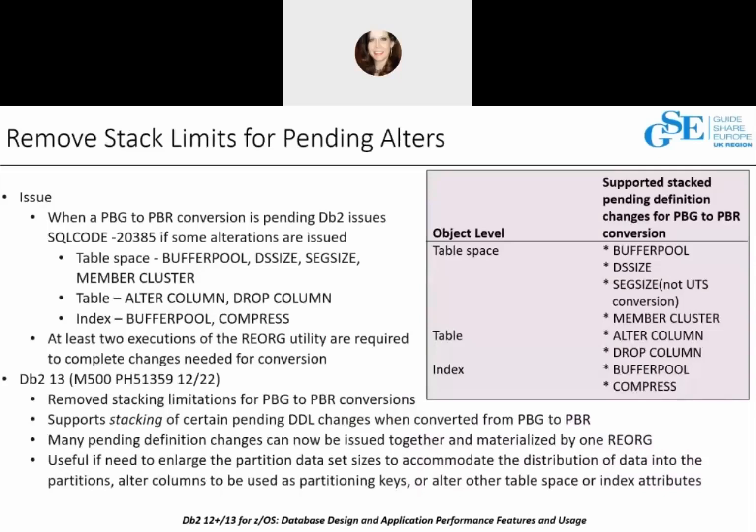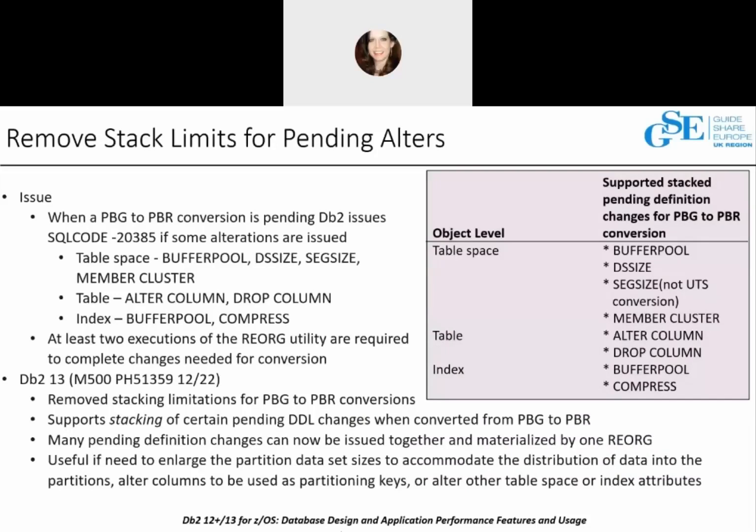Also in version 13, through a recent APAR release last year, they relieved some restrictions on the changes that you can make during a conversion. If you wanted to make changes to the buffer pools, or DS size, or alter a column or compression, you had to do those one at a time.